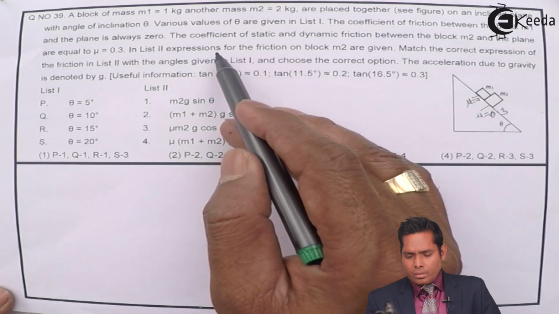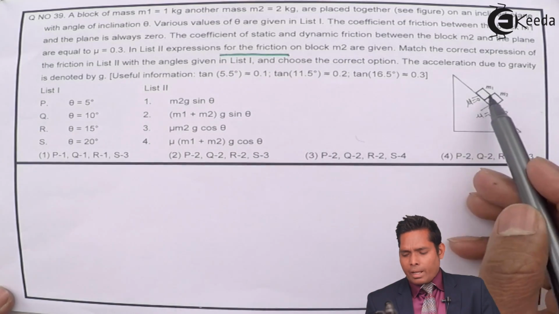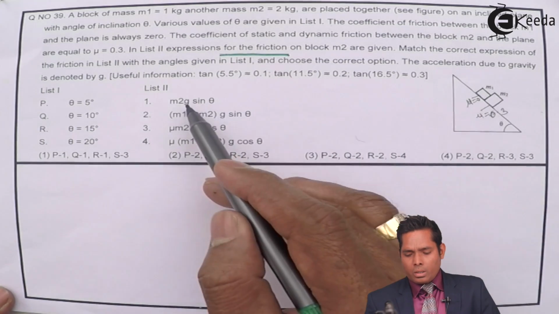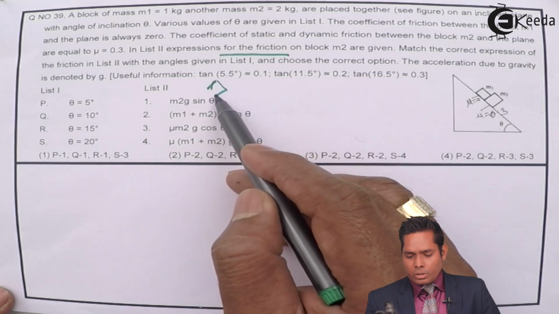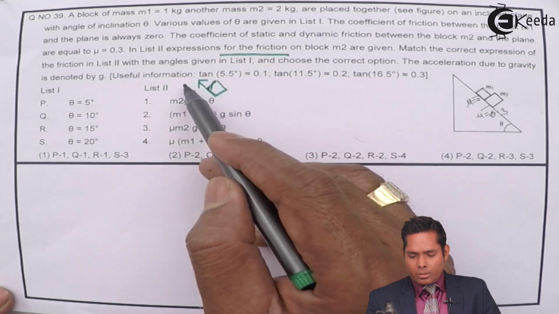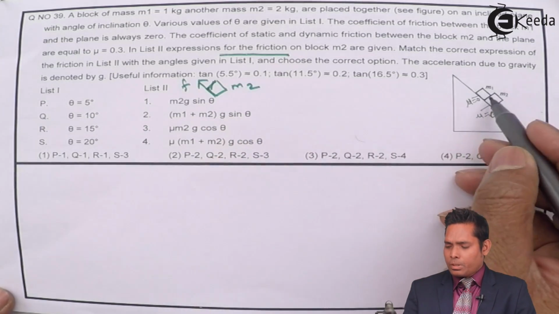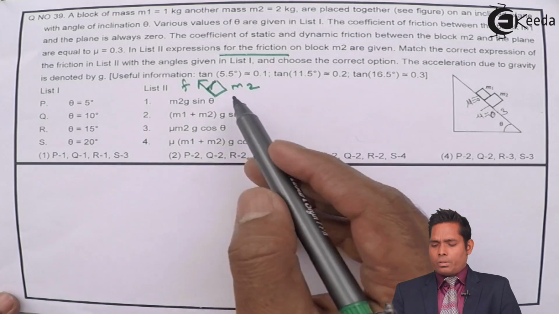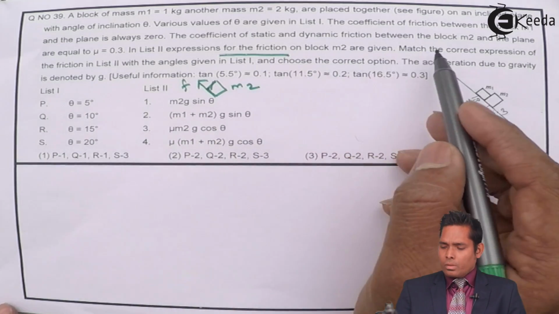This is the expression of friction. Friction that will act on this M2 block is given. Because M1 is frictionless, there is no friction on it, only friction will act on this M2 block. These are the given values.